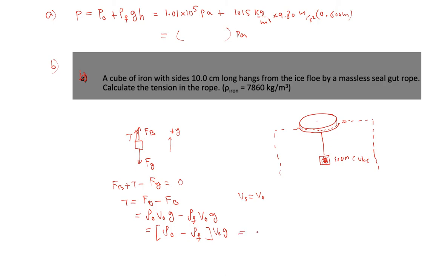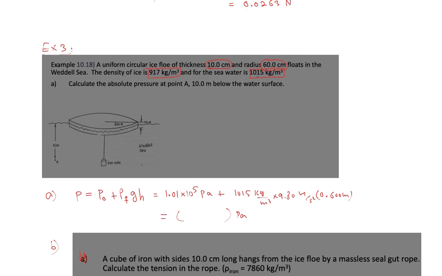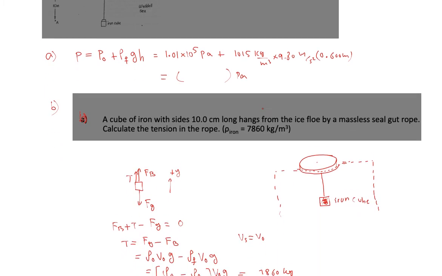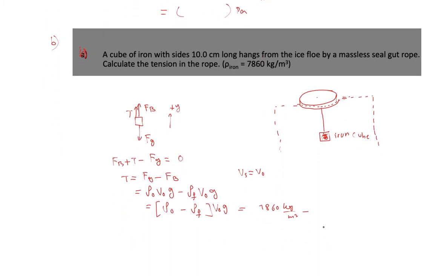Rho of the object is the iron, that is 7,860 kilogram over meter cubed, and rho of the fluid is seawater, which was given to be 1,015 kilogram over meter cubed.